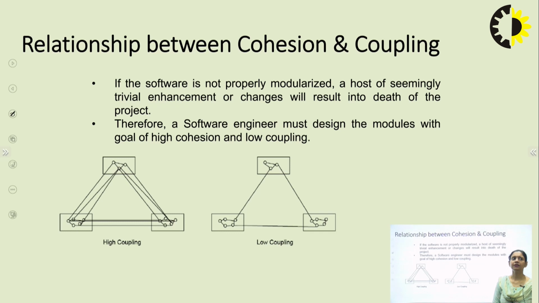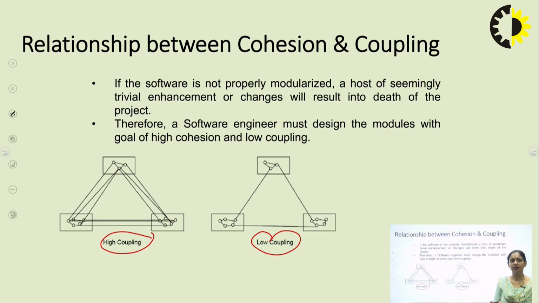Now coming to the relationship between cohesion and coupling, it says if software is not properly modularized, a host of seemingly trivial enhancements or changes will result in the death of the project. As we discussed previously, higher coupling and low cohesion is not recommended. We should always have higher cohesion and low coupling.